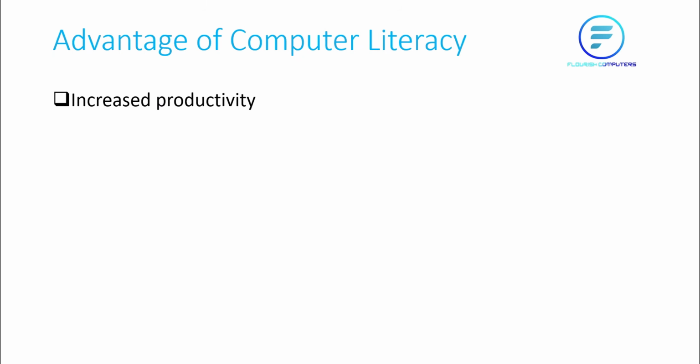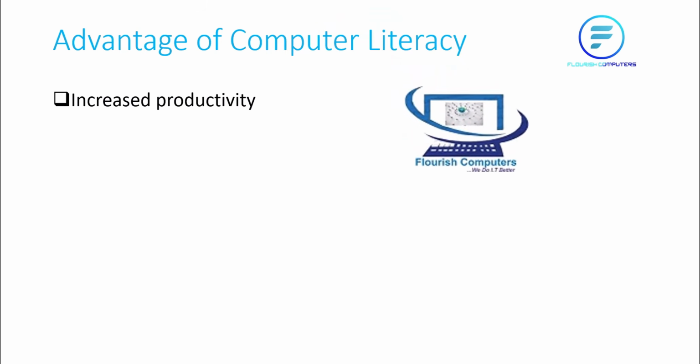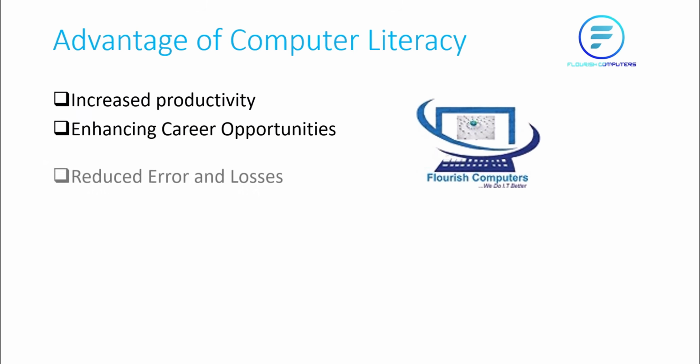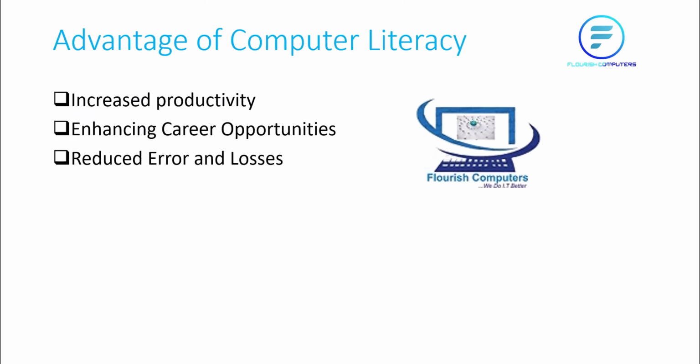So as I press the arrow key, the first one comes, then I can explain increased productivity and talk about how computer literacy is going to increase productivity. Then after that, you can see the image will come out. The third one, you see, and then the last one. So it is when I'm done. This is what animation does.